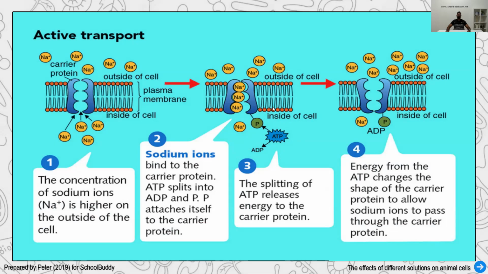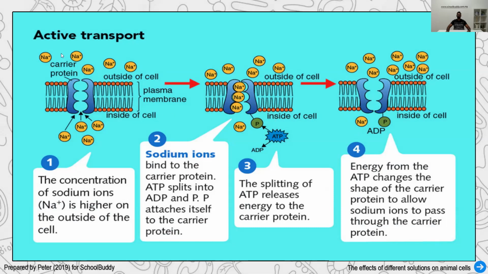Once it releases a phosphate, it becomes ADP. The splitting of this ATP results in the sodium being pumped inside the cell. Once the energy is given for the sodium to be pumped inside, the shape of the binding site changes, and we can see that the sodium is inside, while we still have a lot of sodium outside. So this process will be repeated again and again.